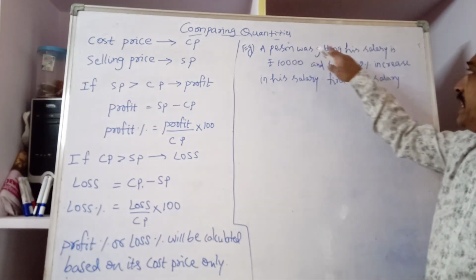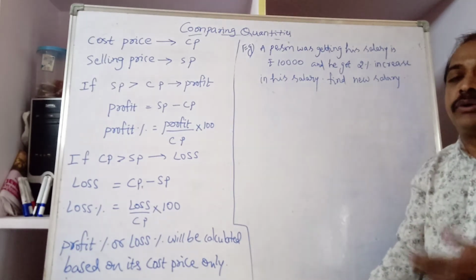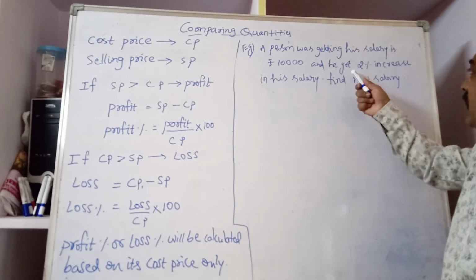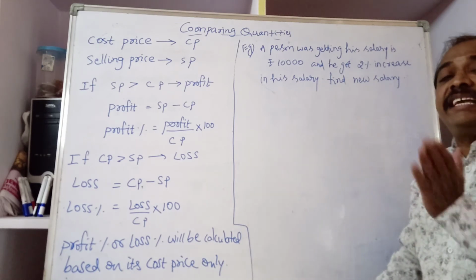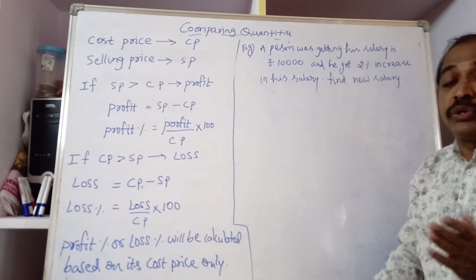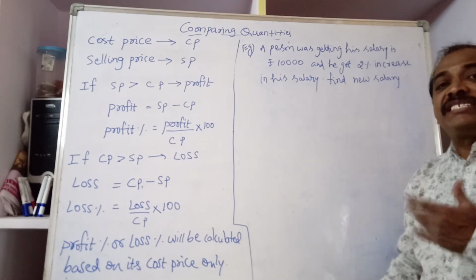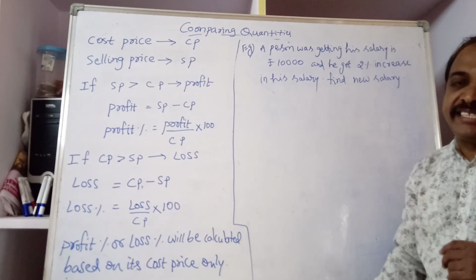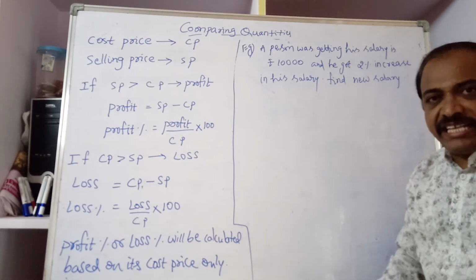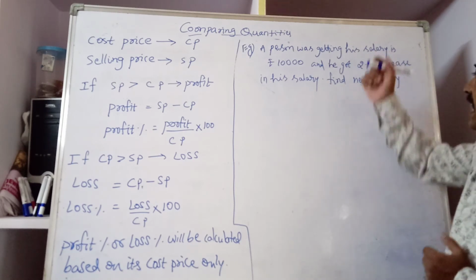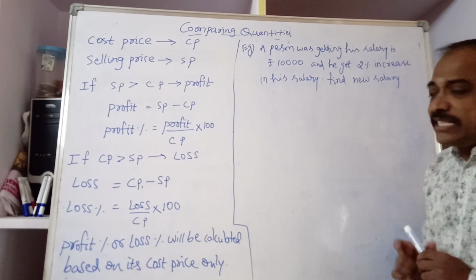A person was getting his salary as rupees 10,000, and now he got a 2% increase in his salary. His salary is increased 2%. What is his new salary? How much is increased? 2% is increased. Similarly, decreased also. So on what is it increased? On 10,000 it is increased.